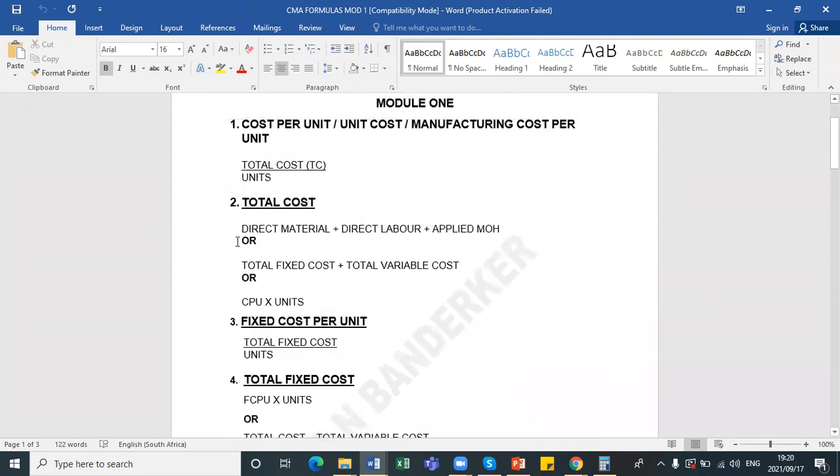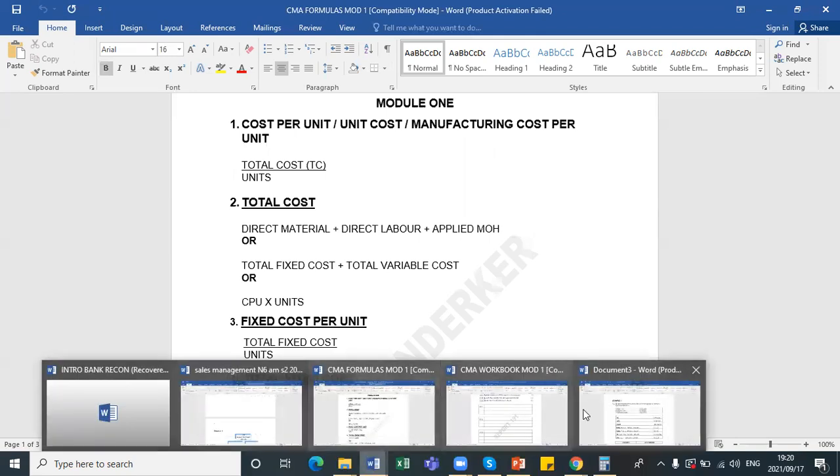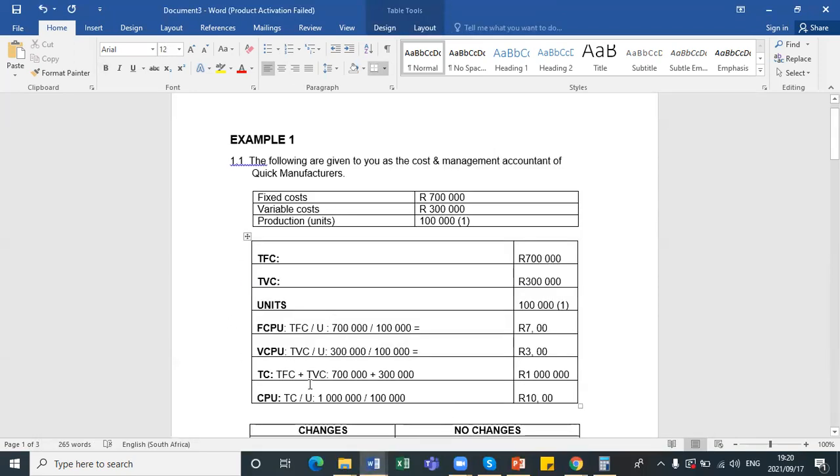We can only use one of the 3, dependent on the information. The one you can use is total fixed plus total variable. There's 700,000 plus 300,000, and that gives you 1,000,000. To calculate cost per unit, there's only one formula, total cost divided by units. So it's 1,000,000 divided by 100,000 gives you 10 Rand.